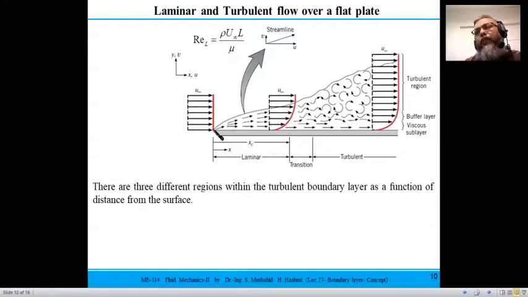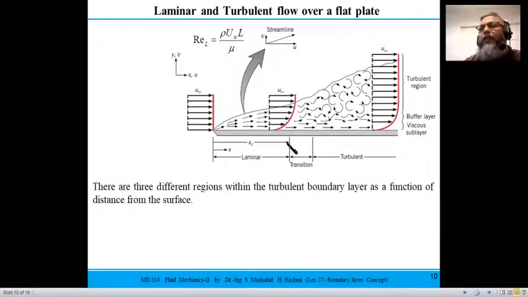Initially in that region close to the wall, where viscous effects are dominant, the streamlines are somewhat parallel, and there is a certain velocity profile associated with that region. We call it a laminar boundary layer region.